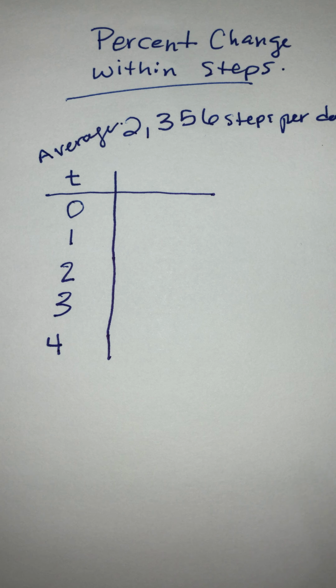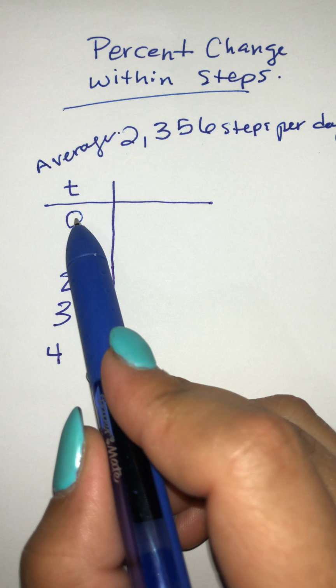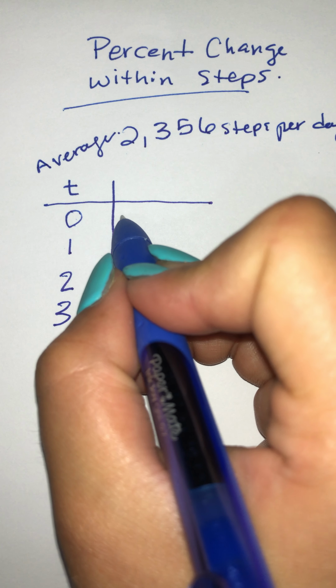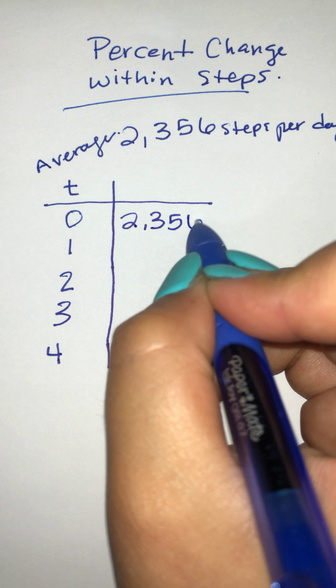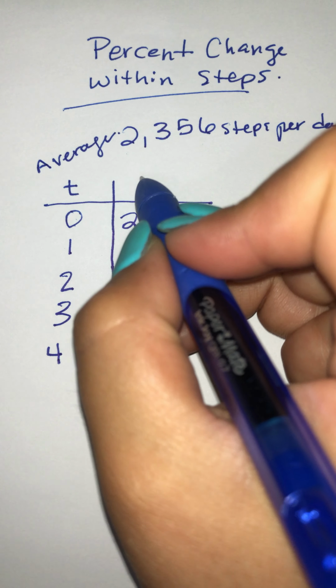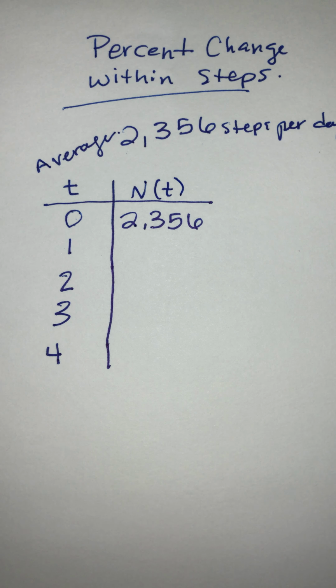Okay, so we know that when t is 0, we are at 2,356. Okay, so this is n of t.